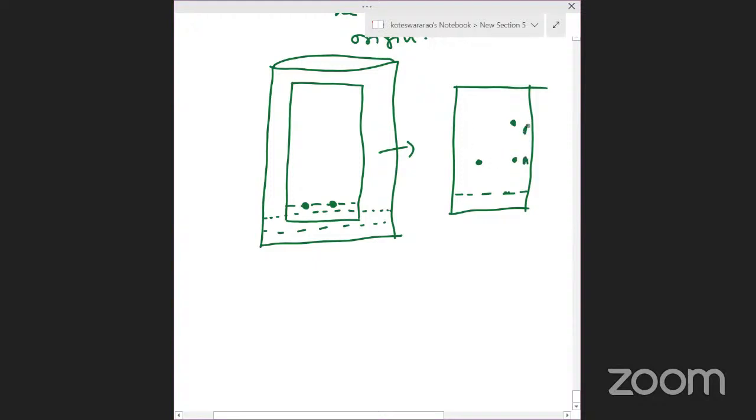This is compound A, this is compound B. The solvent has moved up to this distance. The distance traveled by the solvent from the origin is taken as D. The distance traveled by the components present in the mixture is taken as E. The distance traveled by the other compound, compound A, is taken as F.